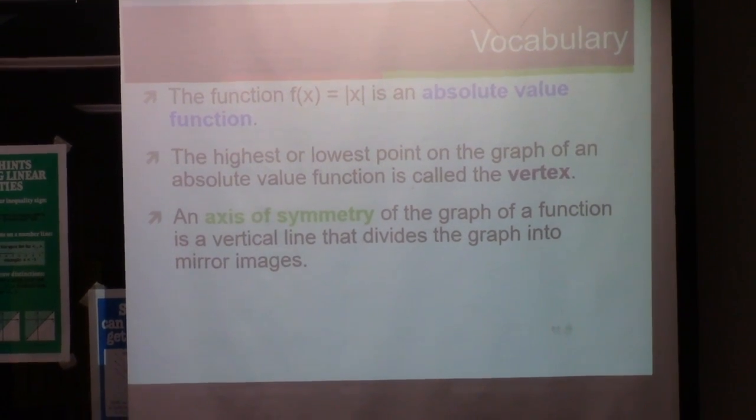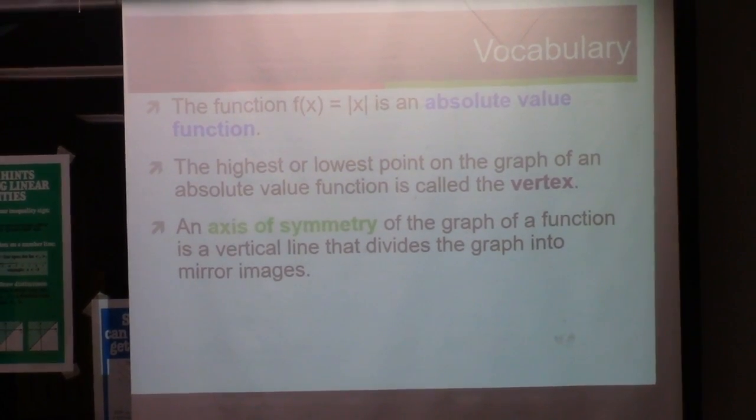That's just a vertical line that divides it into two halves that are mirror images of each other.